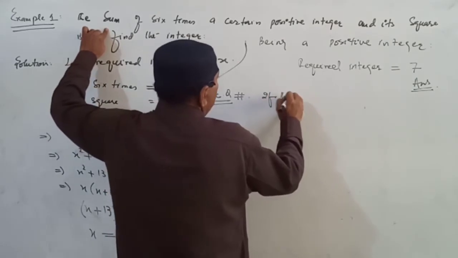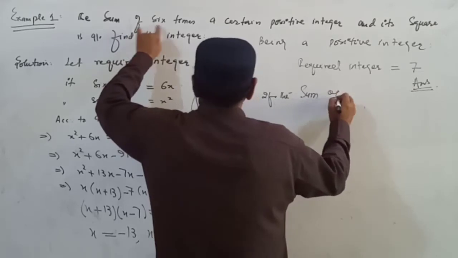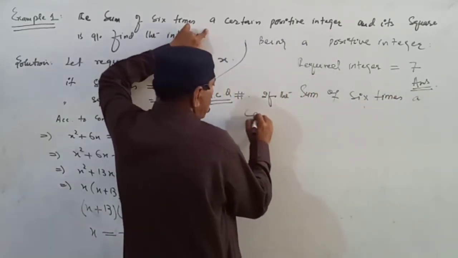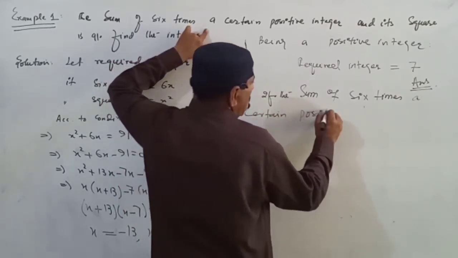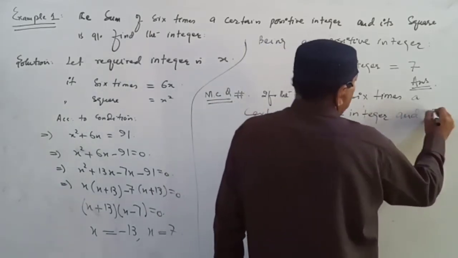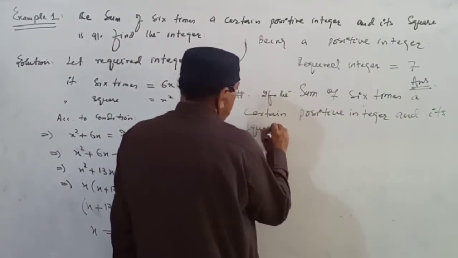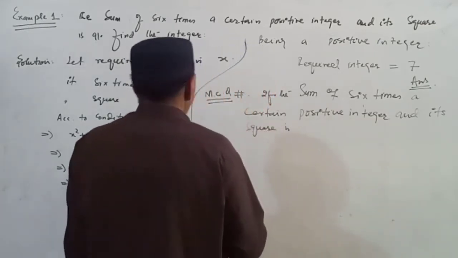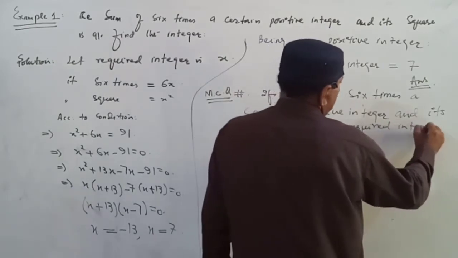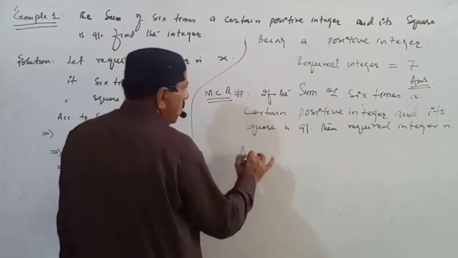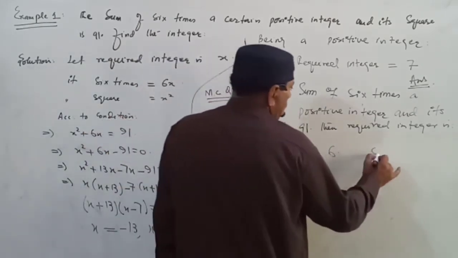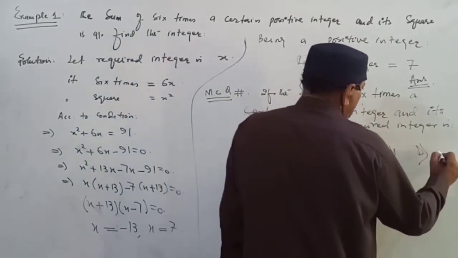If the sum of 6 times a certain positive integer and its square is 91, then the required integer is a 5, b the required integer is 6, c the required integer is 4, d the required integer is 7.